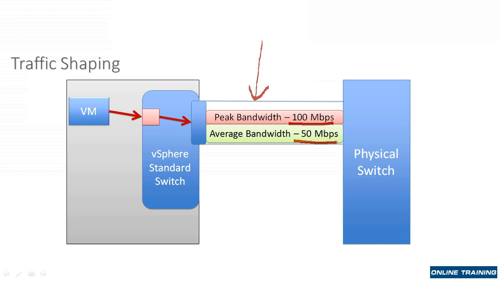It's a way to make sure that a noisy neighbor situation doesn't occur, where one small subset of virtual machines is using all of the bandwidth. Again, much more on this in the vSphere 6.5 Foundations course. But for the purposes of the VMware Certified Associate, you just want to understand that traffic shaping is a way to ensure that a subset of VMs does not use all your bandwidth.